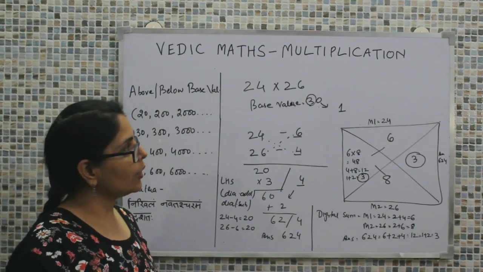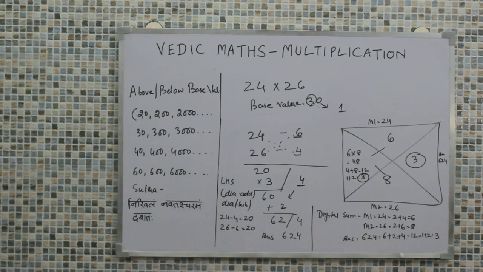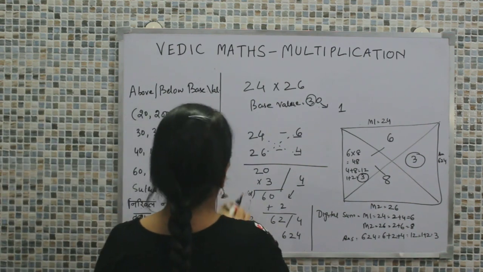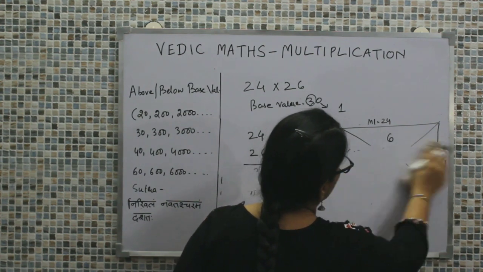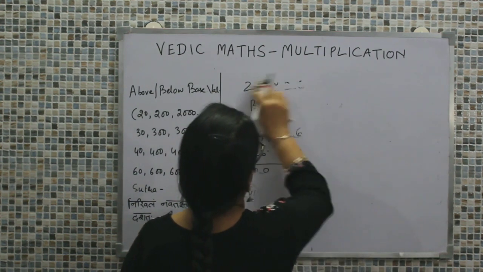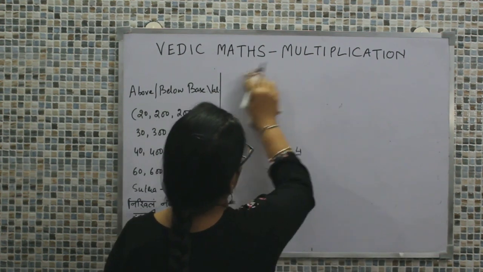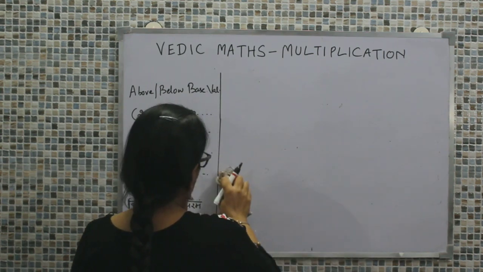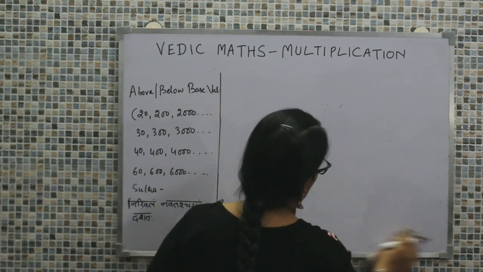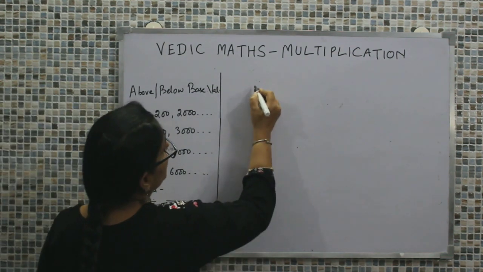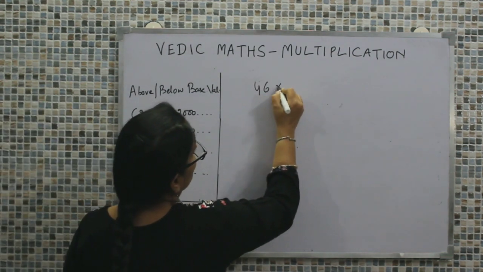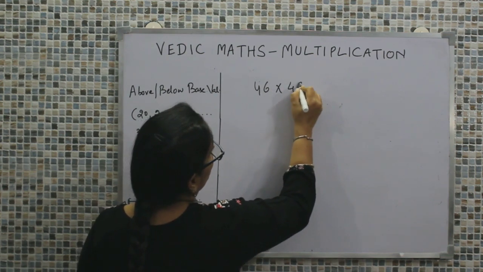Okay, let's take another example. Suppose we are doing 46 into 48.